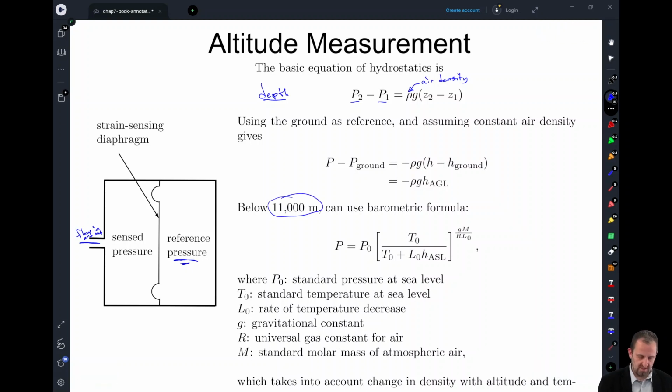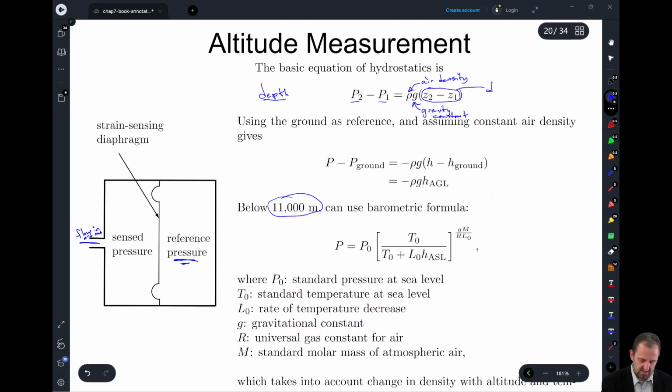Otherwise, that air density causes us issues. g is just going to be our gravitational constant, as always. And then we have this Z2 minus Z1. This is our deviation in our altitude or in our depth.